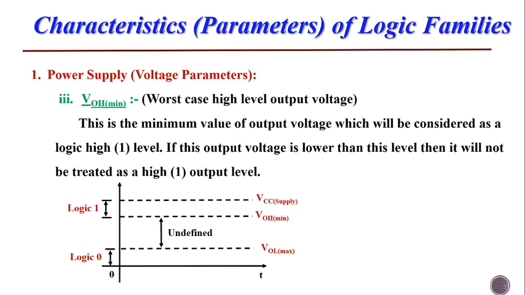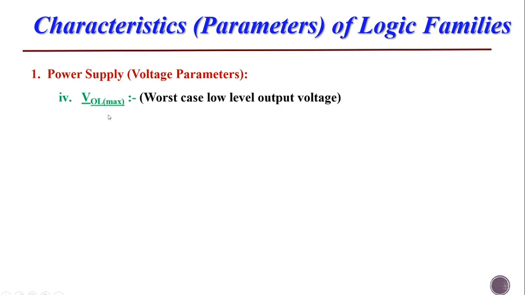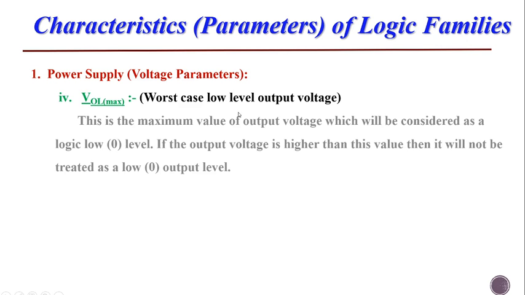Similarly, VOL max is the worst case low level output voltage, and this is the maximum value of the output voltage which will be considered as a logic low level or a 0 level. If the output voltage is higher than this value, then it will not be treated as a logic low output level.